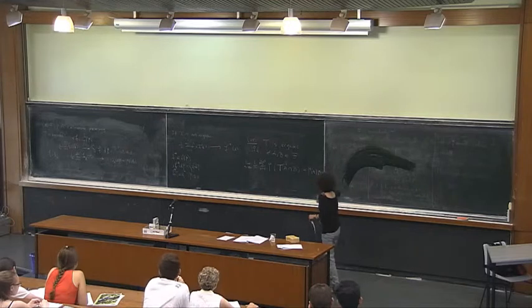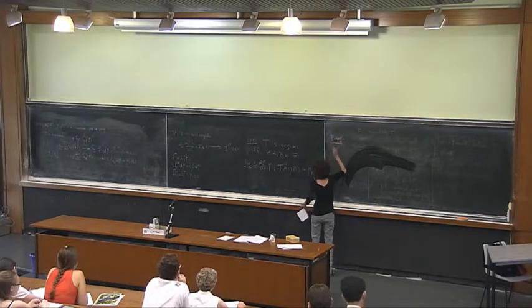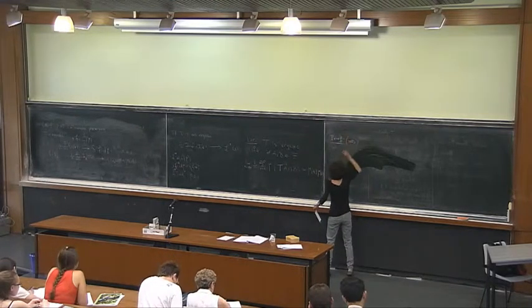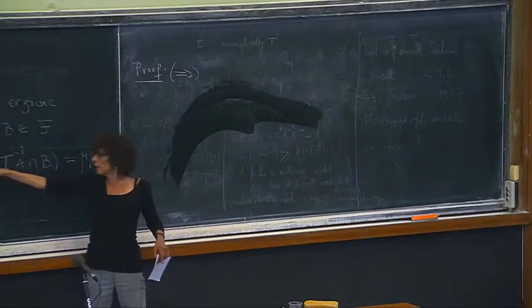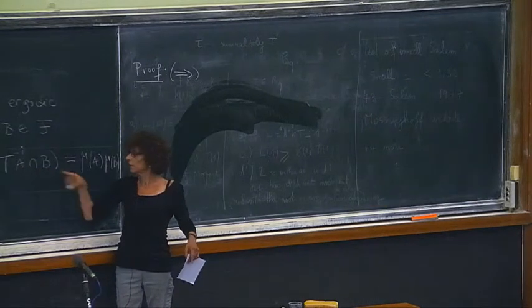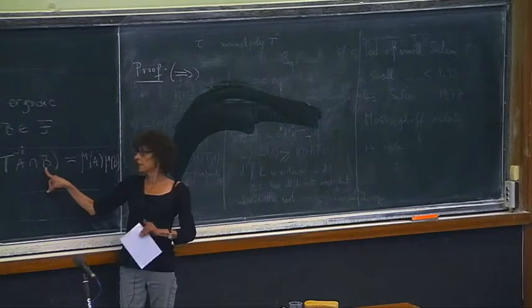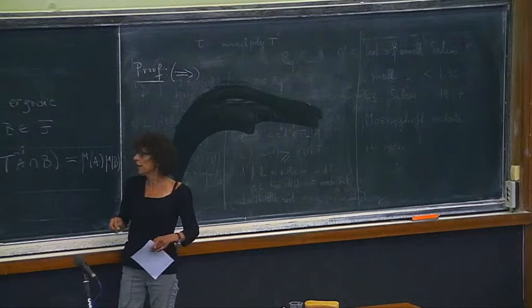So let's look at the proof of this. And let's assume T is ergodic, so let's go this way. If you look at the equation we want to prove, it's really the integral of the characteristic function. One characteristic function is fixed, doesn't depend on n or on i, and the other one is moved around.